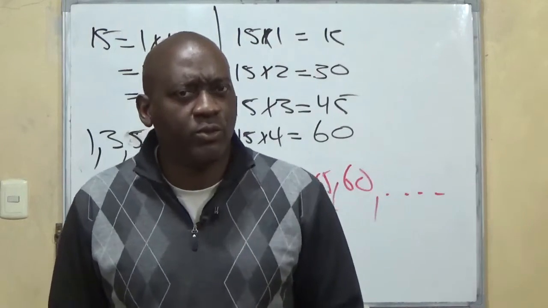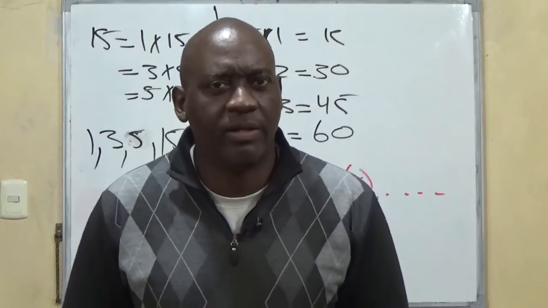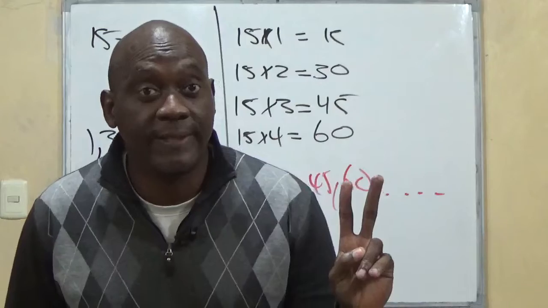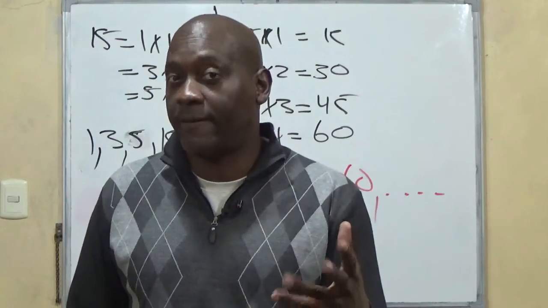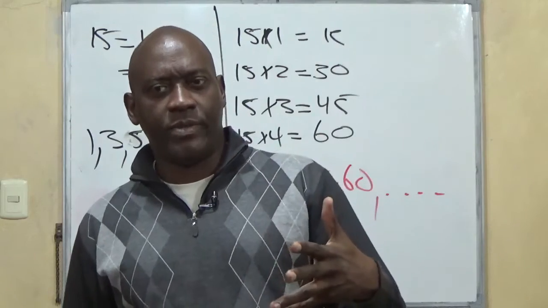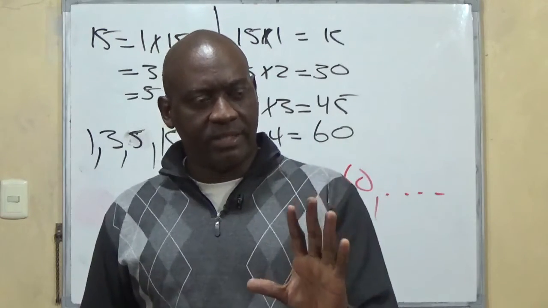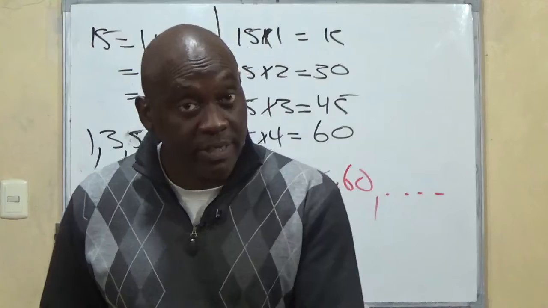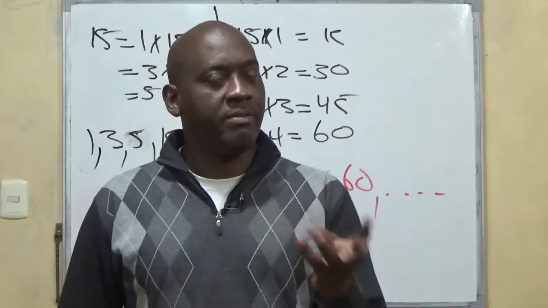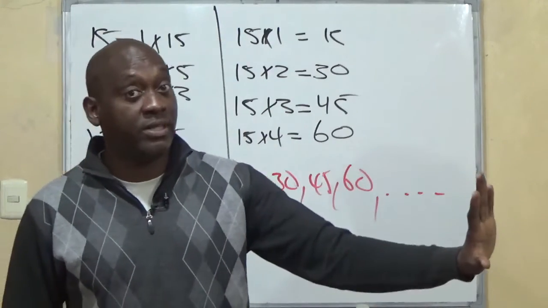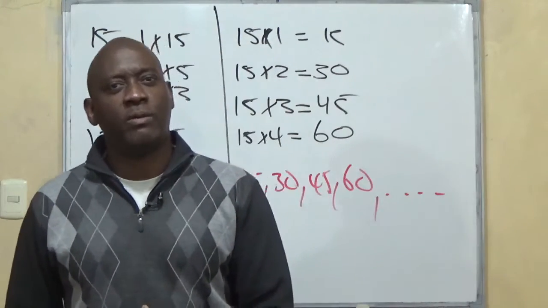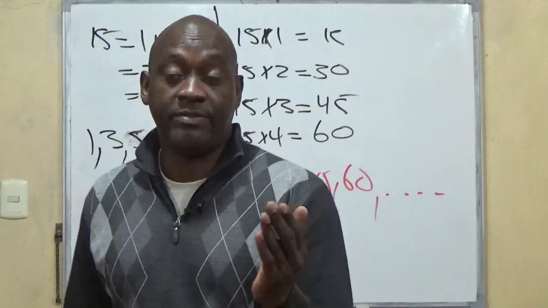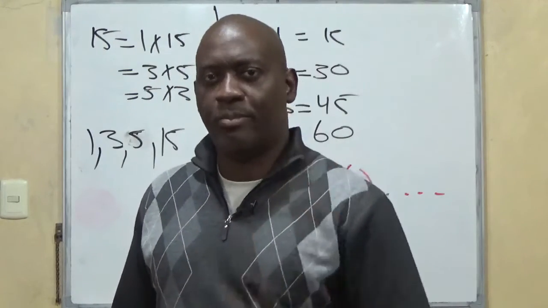You divide 15 by 2, it will not give you a whole number, so 2 is not a factor of 15. 15 divided by 3 is 5, so 3 is a factor. 3 by 5 is 15. 15 divided by 4, not a whole number, so 4 is not a factor. 15 divided by 5, whole number, 3. So 5 by 3 is 15, the same as 3 by 5. Boom, you have all the factors.